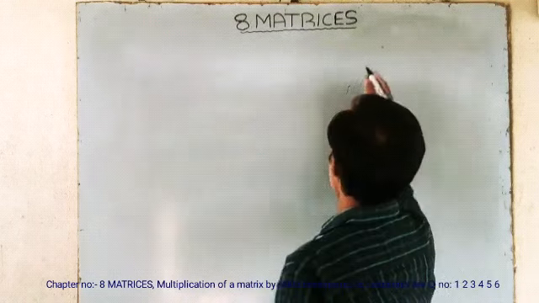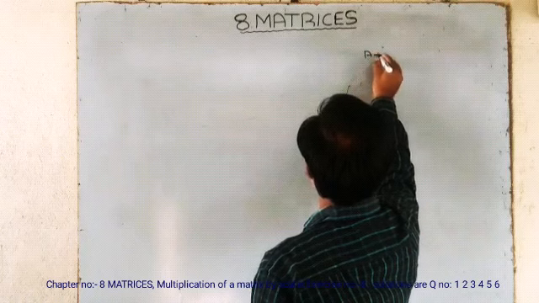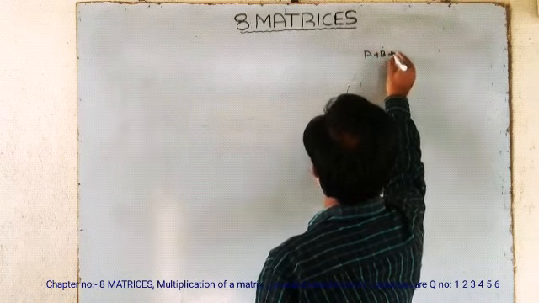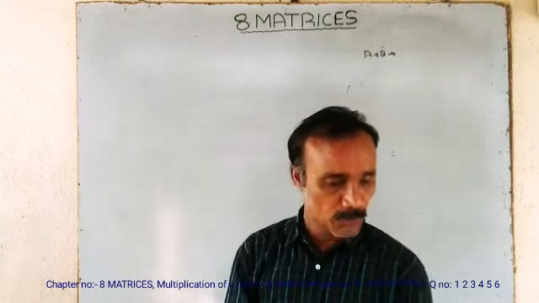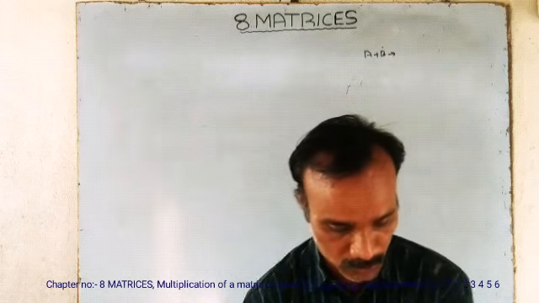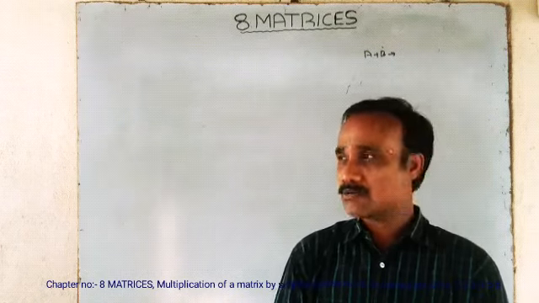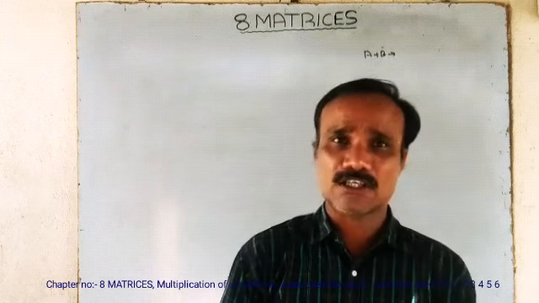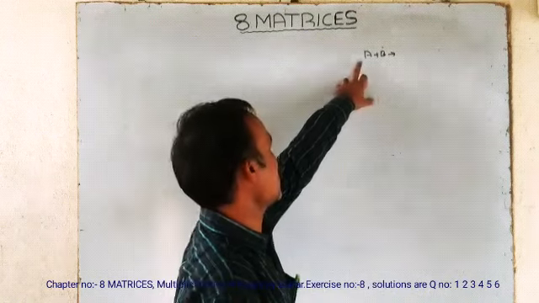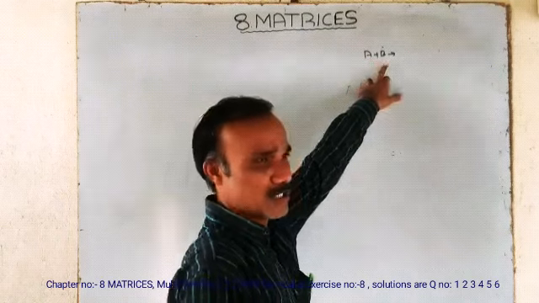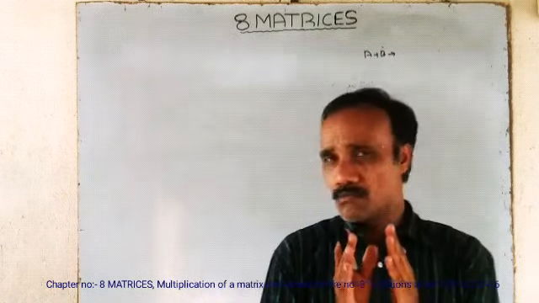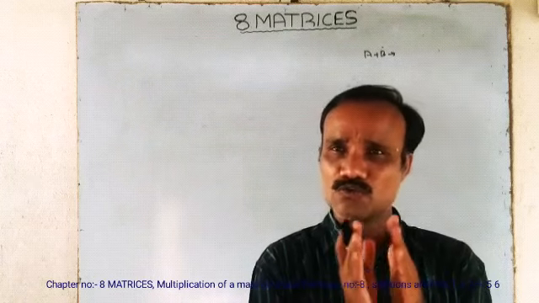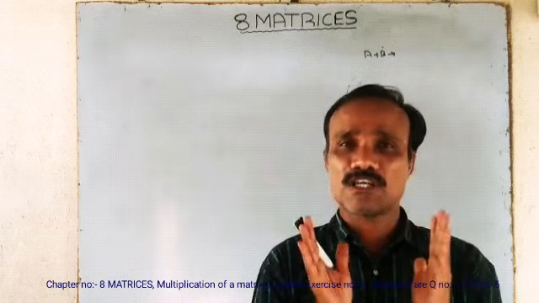Then it is denoted by A plus B, and the obtained matrix is of the order of either A or B, and we should add by adding corresponding elements. The conclusion is matrices having the same order, and we should add the corresponding elements.